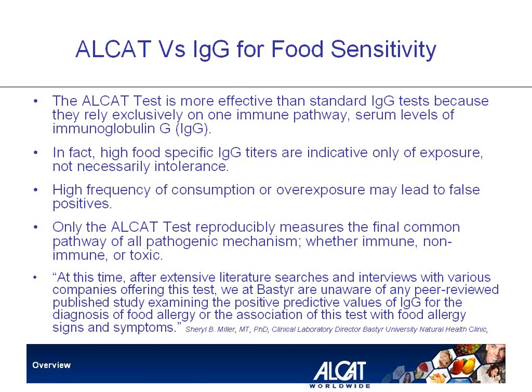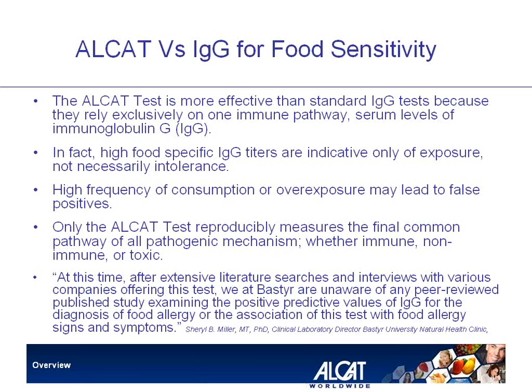What we have here with the ALCAT test is a cell-mediated test. What we're looking at is cellular reaction as opposed to titer levels of immunoglobulin G. What we've heard in our feedback from physicians is that the IgG titer levels rise and fall with the patient's frequency of consumption of those foods. So the test is what we call exposure dependent.